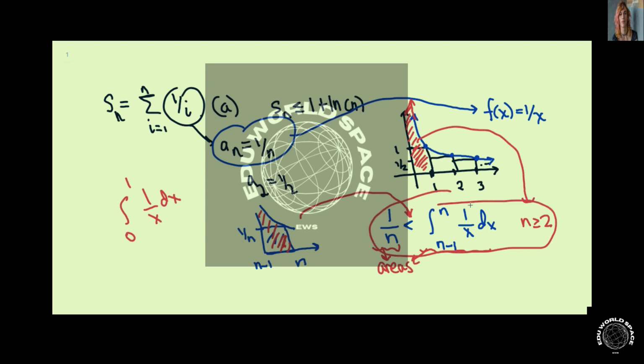So let's use this inequality for all of these n's and then add them all up. I'm not writing the whole harmonic series partial sum; I'm excluding the first term because, again, n was at least 2.